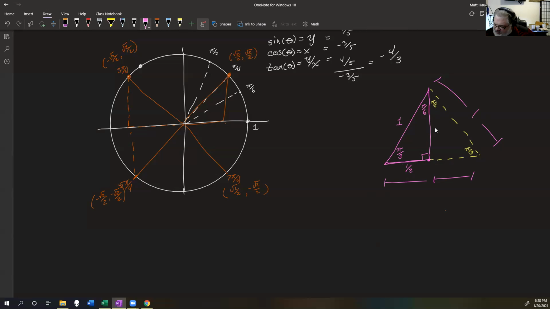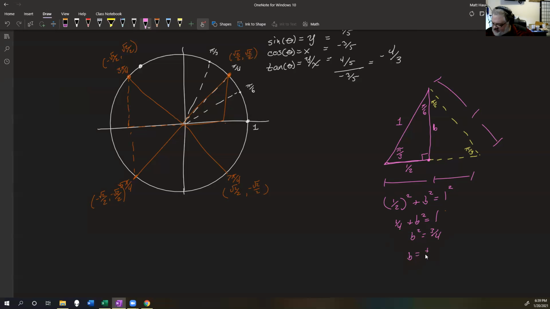Now that doesn't tell us what this other side length is, but since we have 2 of them, the Pythagorean theorem would certainly let us know that third, right? So just real quick, 1/2 squared plus b squared is equal to 1 squared. So 1/4 plus b squared is equal to 1. Subtract the 1/4 from both sides. So b squared equals 3/4.